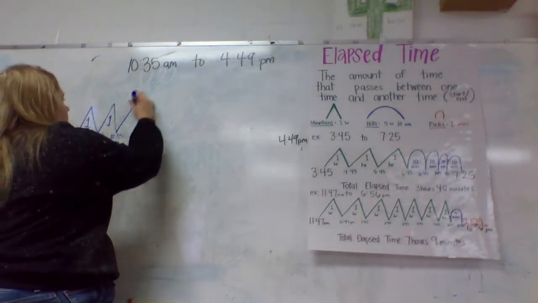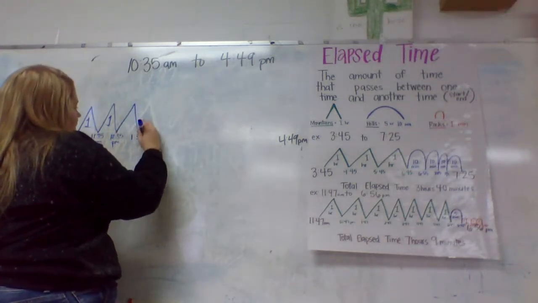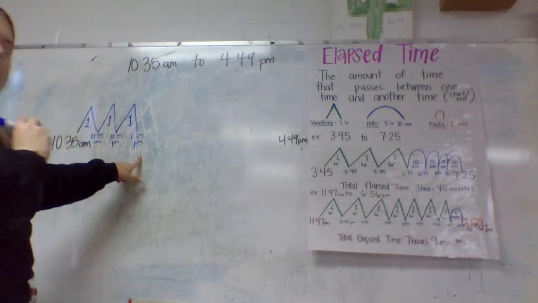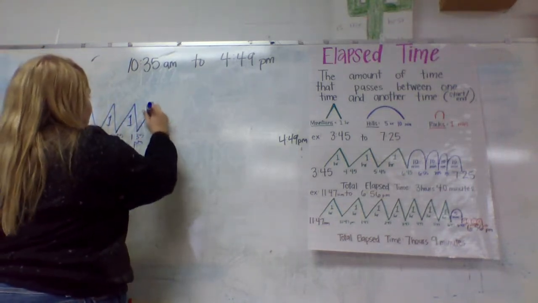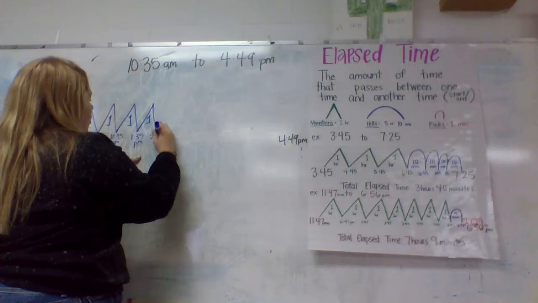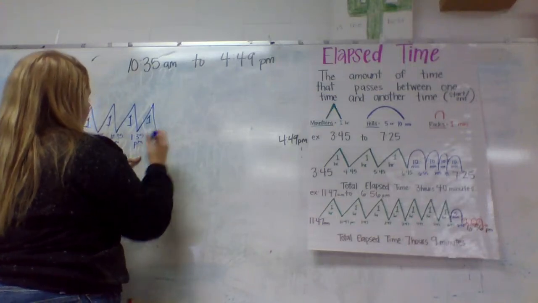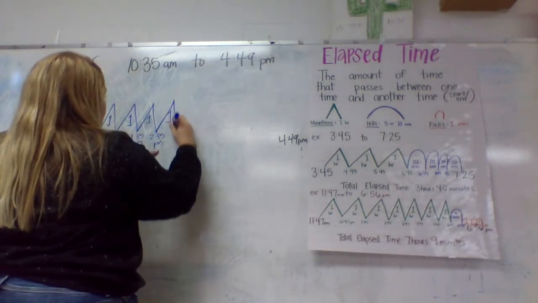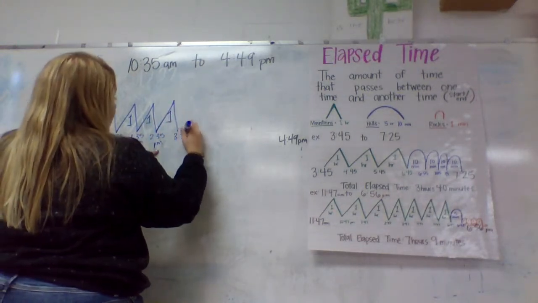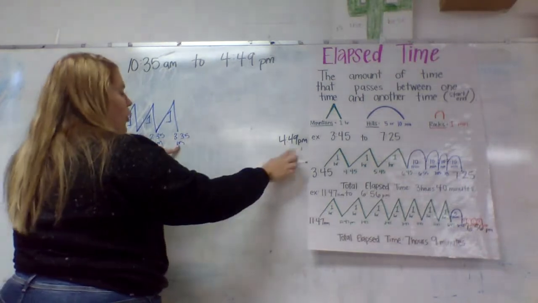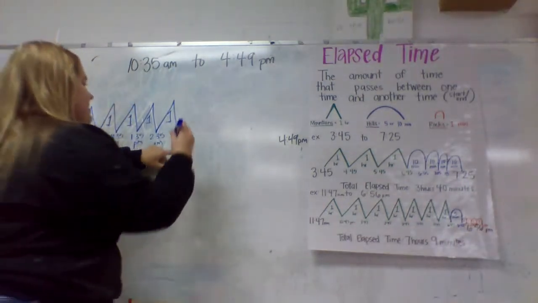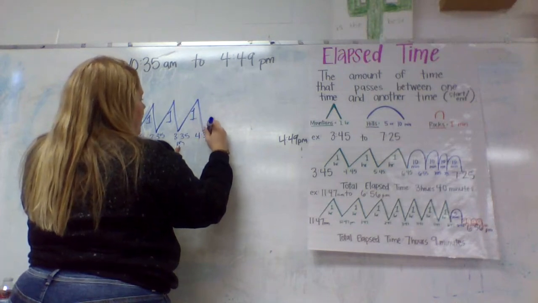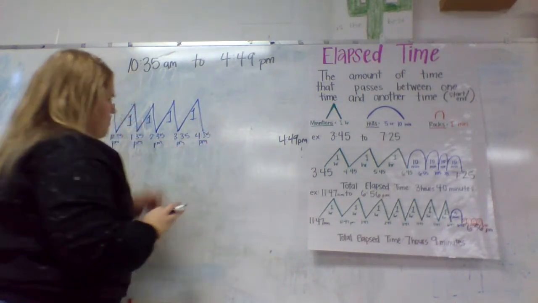Another hour puts me at 1:35 p.m. Another hour puts me at 2:35 p.m. Another hour puts me at 3:35 p.m. I'm going to 4:49, so I can still do another hour. Now I'm at 4:35 p.m.